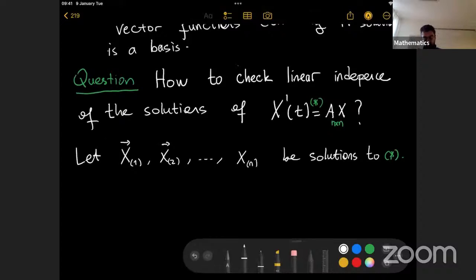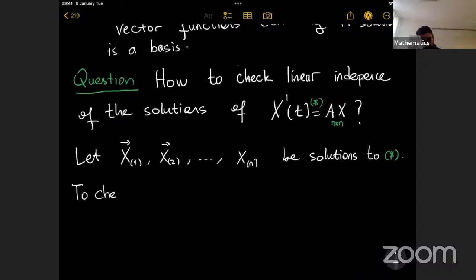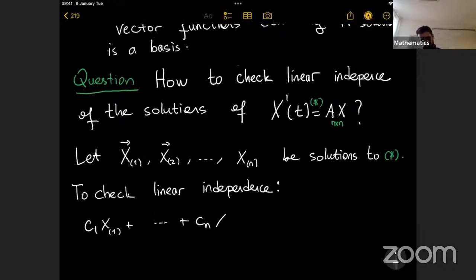So what we do is to check linear independence. We check this, C1 times x1 plus up to Cn times xn.